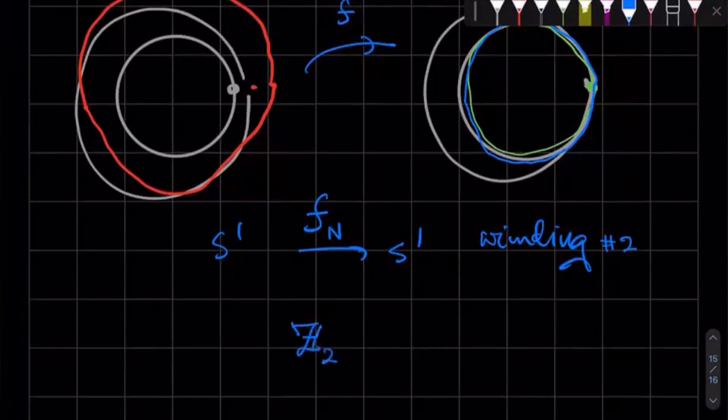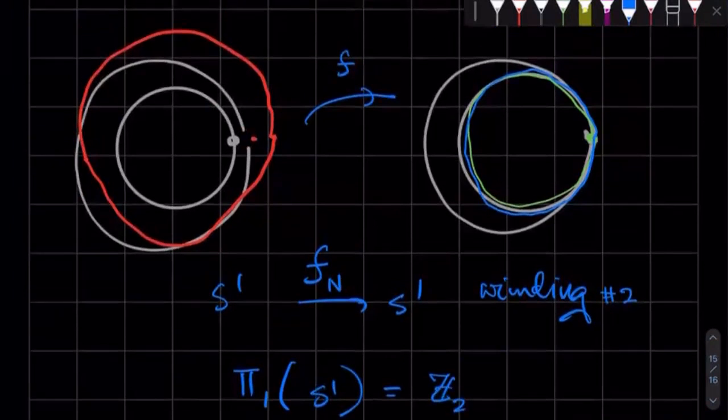Essentially, we say that the first homotopy group of the circle is Z2, by which we mean the maps from the circle to another circle.